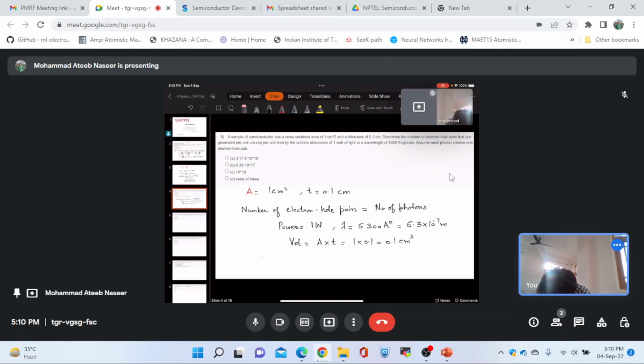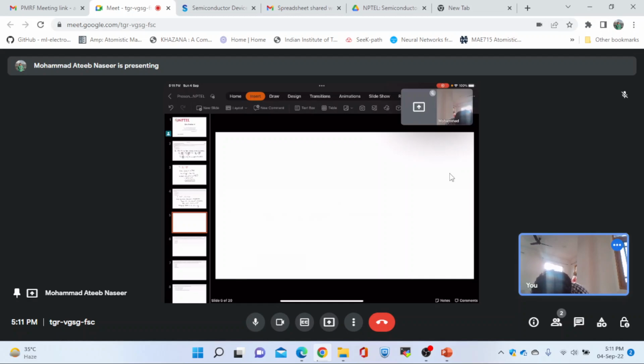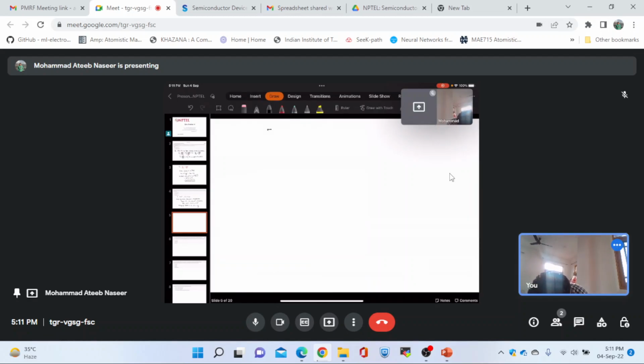So energy of one photon is given by E equal to h nu, and this h nu can be written as h c by lambda, and let us put the values. The value of h, the Planck's constant, is 6.626 into 10 raised power minus 34.